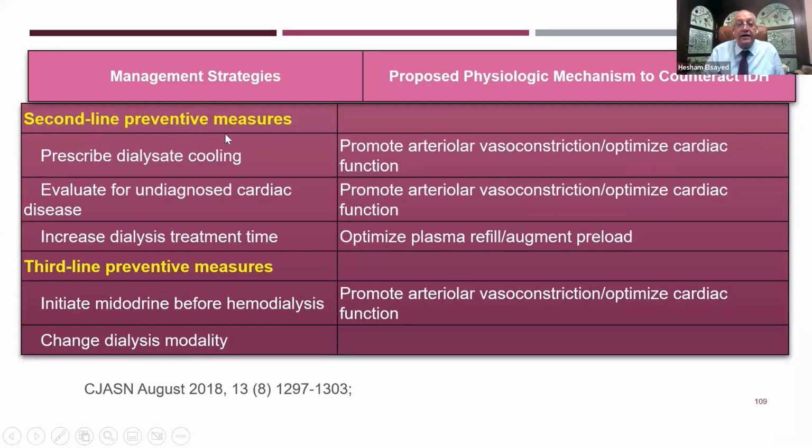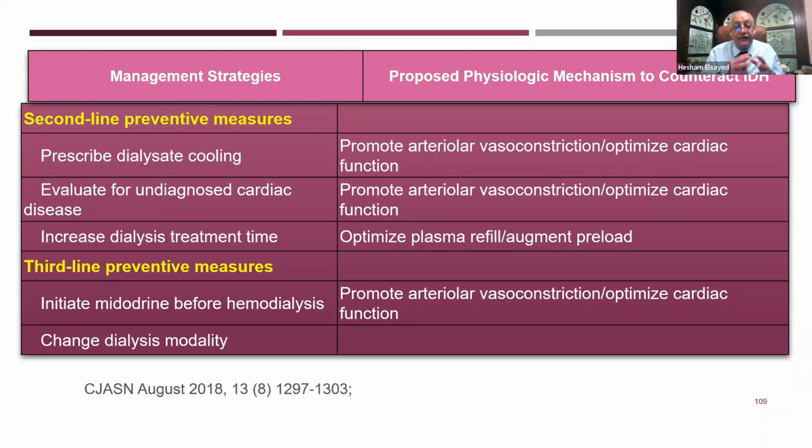While the second line, prescribe a cooler dialysate, which promotes arteriolar vasoconstriction, improving the cardiac function. Don't push for hypothermia, as hypothermia induces a drop of myocardial contraction, especially on high volume convection therapy.